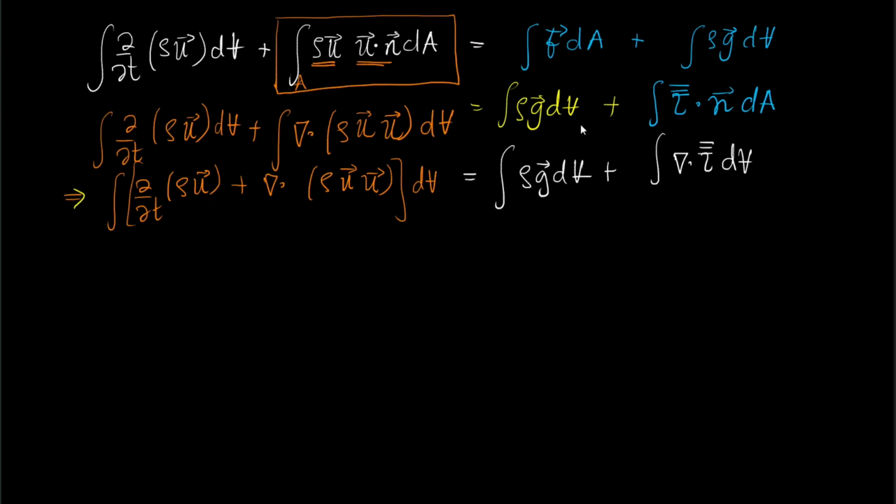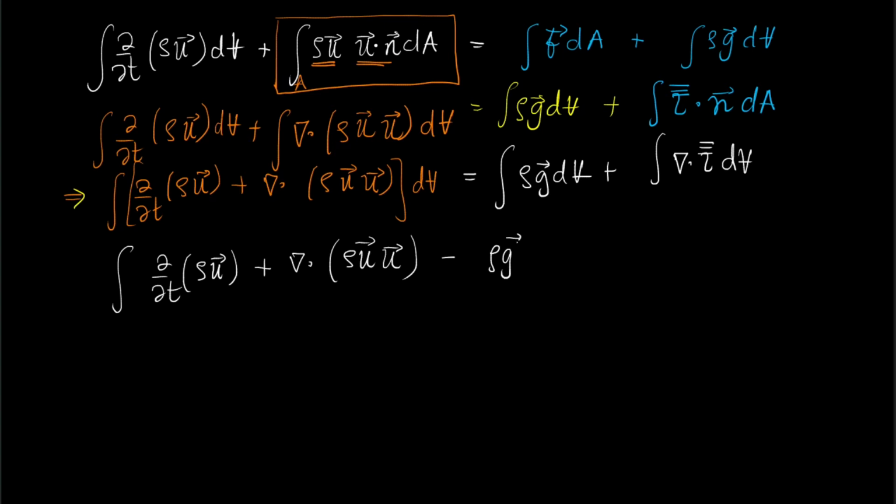So finally, if this is also true and this is also true, we can write down this entire expression in terms of a single volume integral. So it will be del t of rho u plus the divergence of rho u u, minus rho g, minus divergence of the stress tensor, integrated over the volume to be equal to 0.